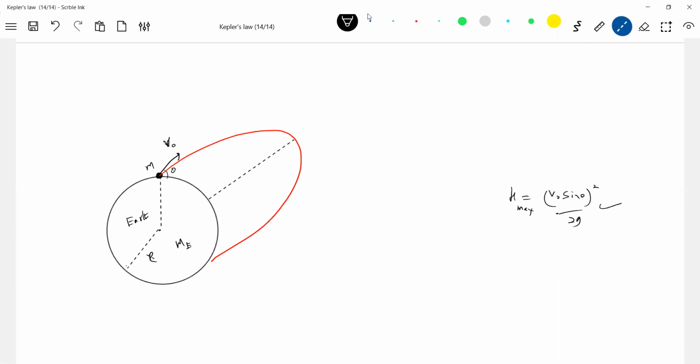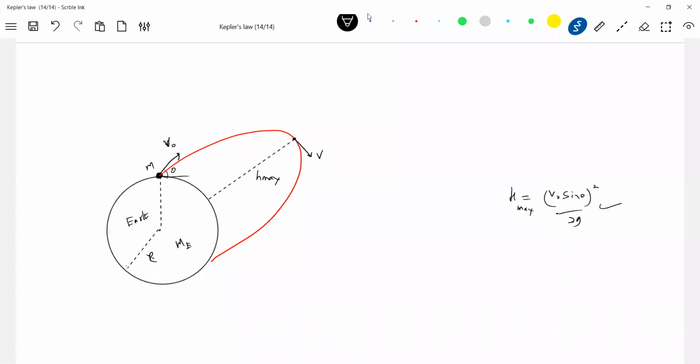At maximum height, how will the velocity be? I'm asking for this h max, and it is projected at an angle theta with the horizontal.